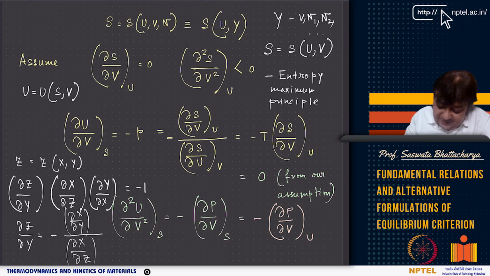Now when I do ∂X/∂Y, what is fixed? Z is fixed. When I do ∂X/∂Z, Y is fixed. So exactly this is the one that we are using here.